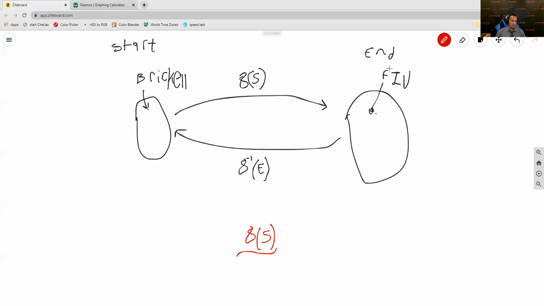After all, it's the 8 taking you from your starting location over to FIU. So if you want to take the bus back to Brickell, you have to take the 8 backwards. So you get this total representation right here, and that'll just equal your starting location.